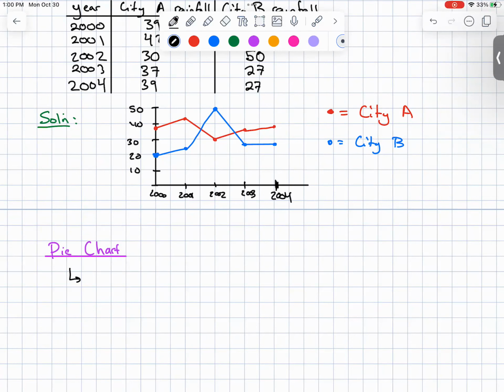It's something that I have to talk about, so that if you're ever on a stranded island, you could create a pie chart by hand.